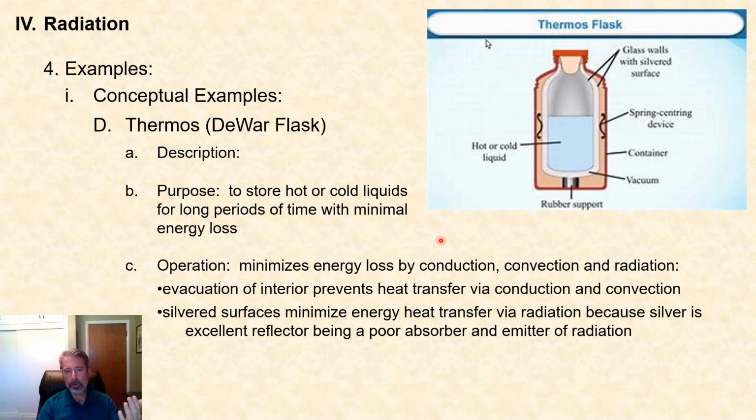If you've got a cold liquid in there, you should prevent transfer of energy from the environment to the liquid. And if you've got a hot liquid in there, you should prevent transfer from the liquid to the lower temperature environment.